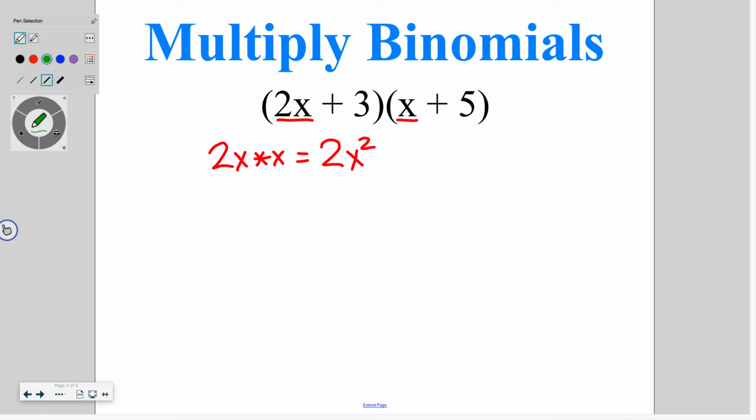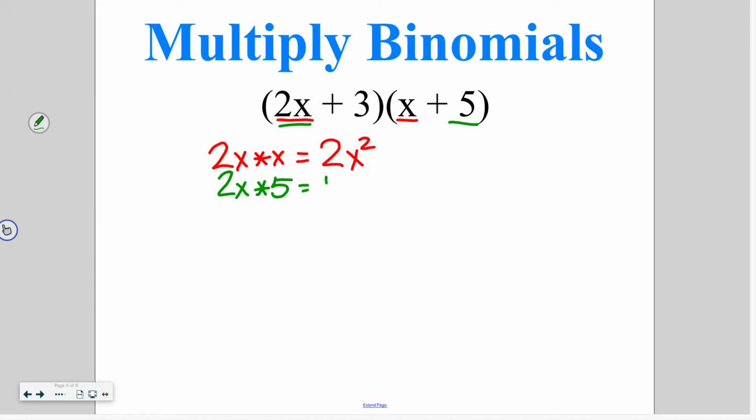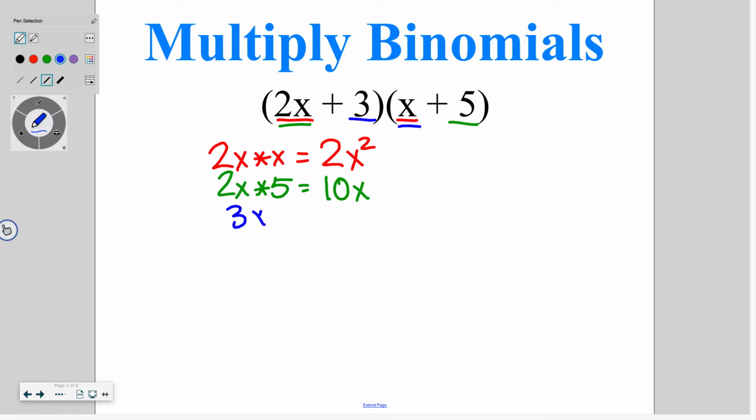Then I'm going to look at my outside terms, which is 2x times 5, which gives me 10x. Then I'm going to look at my inside terms, which is 3 times x, or 3x. And then my last terms, which is 3 times 5, giving me 15.